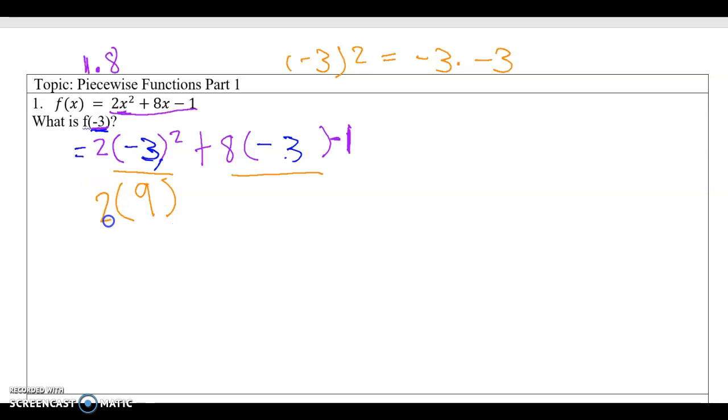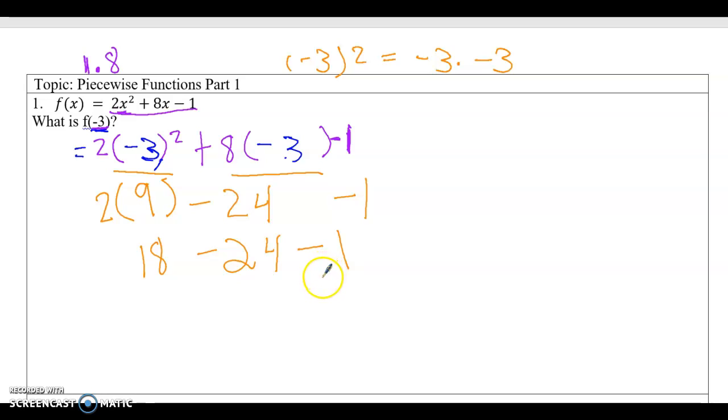Okay, I'm not done yet because I still have this in front. And then I know that a positive 8 times negative 3 is negative 24. And then I just have this minus 1 at the end. So I'm still doing my parentheses, 2 times 9, which is 18, minus 24, minus 1.